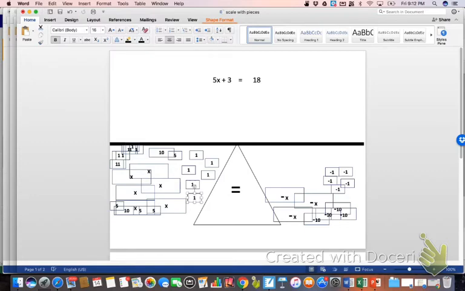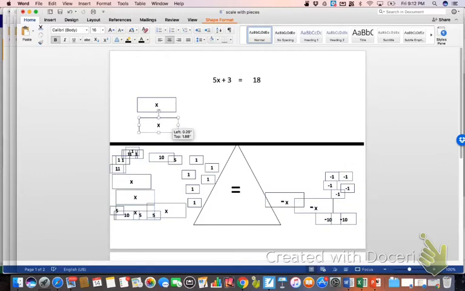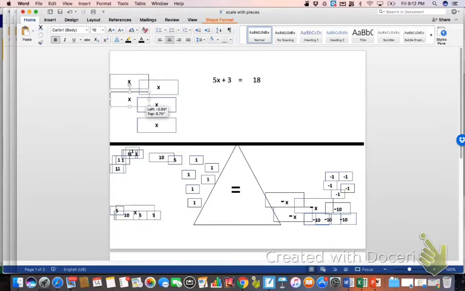You guys are just drawing your model, but I am a horrible drawer, so I am showing you using little shapes that I've already created inside of a document. So 5x means that I have 5 x's. So I've got 1, 2, 3, 4, and 5 x's that I've dragged over here to the left side of my equal sign.